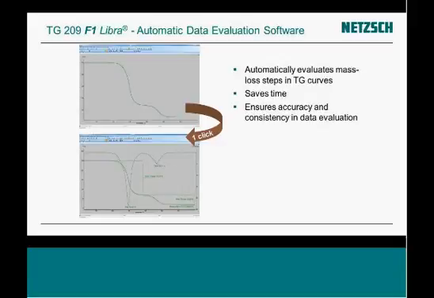And in our recently released software, we have a new feature called automatic data evaluation, which can automatically evaluate the mass change in the mass loss steps and also the residual mass. Just by one click, you get all the analysis results appearing automatically on the screen. That will save time, and also ensure accuracy and consistency in the data evaluation.